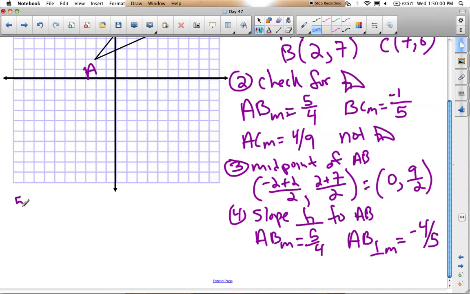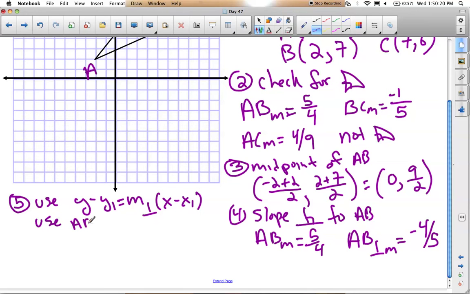Step 5. Okay, now that I have my slope and I have my midpoint, I'm going to use y minus y1 equals m perpendicular times x minus x1. Use the AB midpoint for x1, y1.